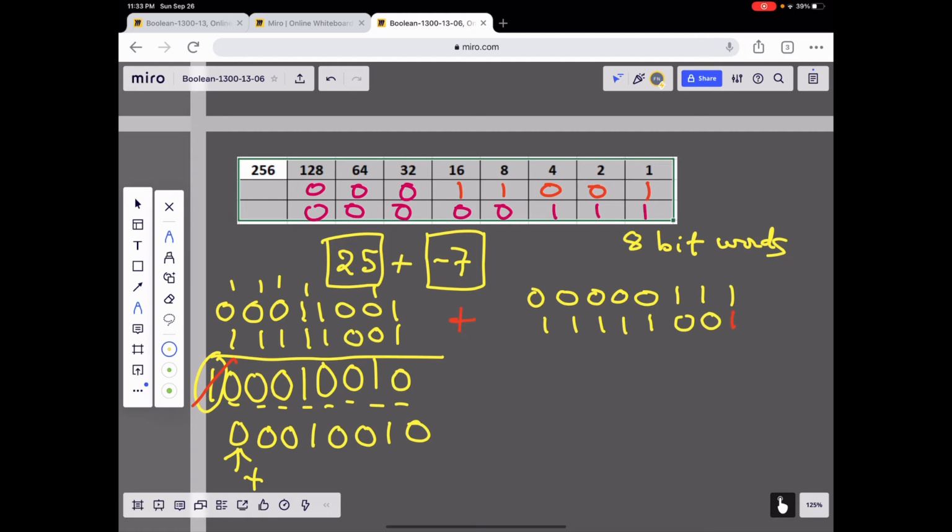And this is 2, 1, this is 2, 4, 8, 16. So 16 plus 2 equal 18. 18. So 25 plus -7 equal 18. So this one is correct.